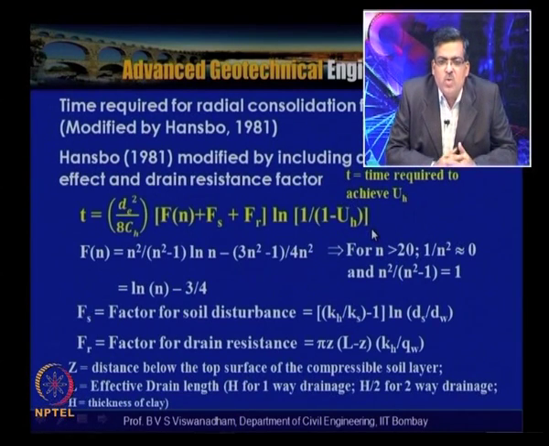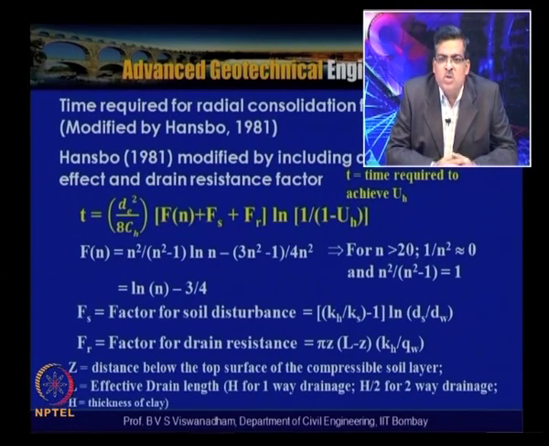So here if you look into it, there are three factors. One is F(n), that we are aware of, wherein for drains without any smear, F(n) = n^2/(n^2 - 1) ln(n) - (3n^2 - 1)/(4n^2), where n = de/dw, and this n value will always be more than 20 for PVDs.